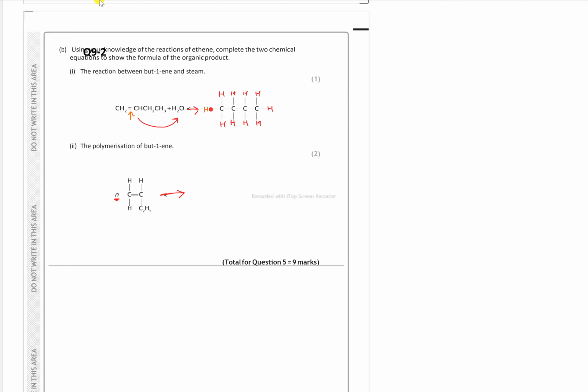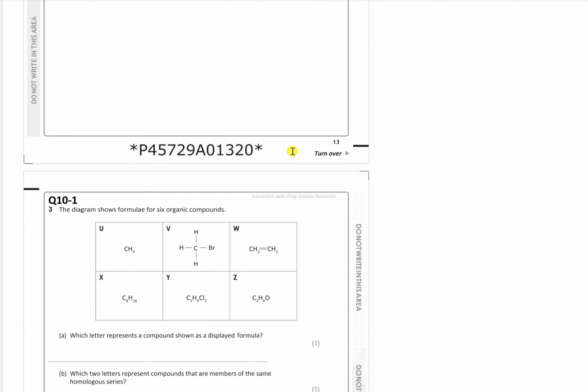So what you do is this double bond here breaks, and one long bond goes that way, one long bond goes that way, and then you just literally copy the rest of the molecule. There you go. Okay, what's next?